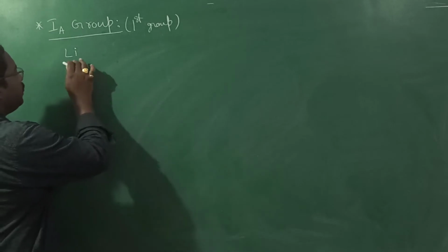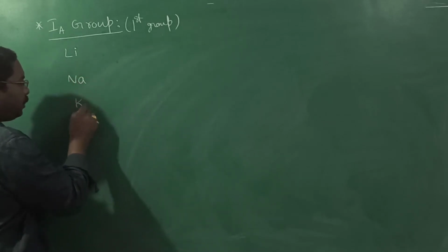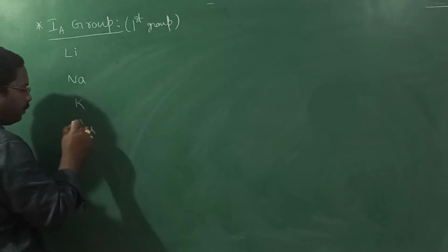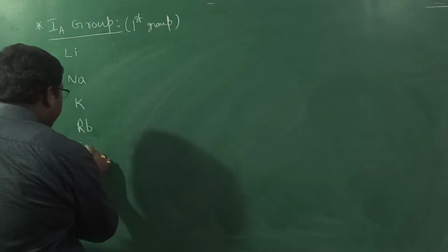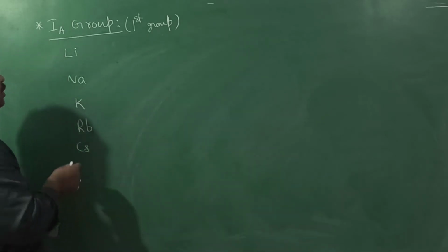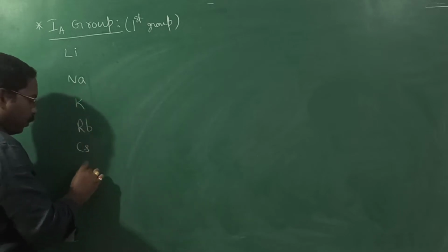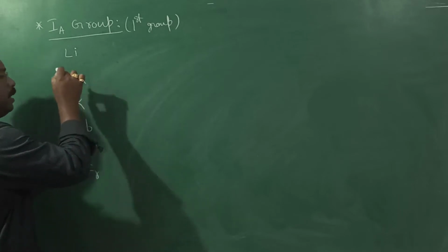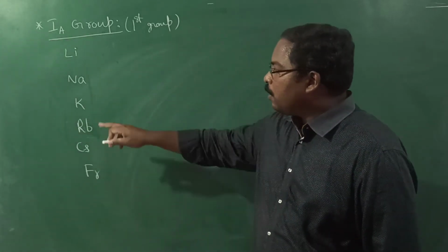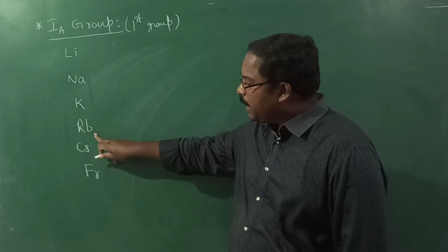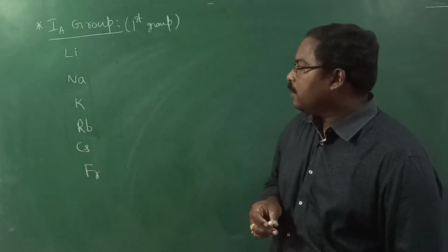Now coming to this: lithium, sodium, potassium, rubidium and cesium. So note down these elements present in this first A group. The first element is lithium, the next element sodium, potassium, rubidium, cesium and francium.